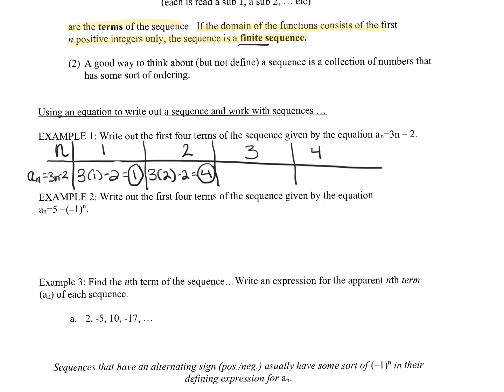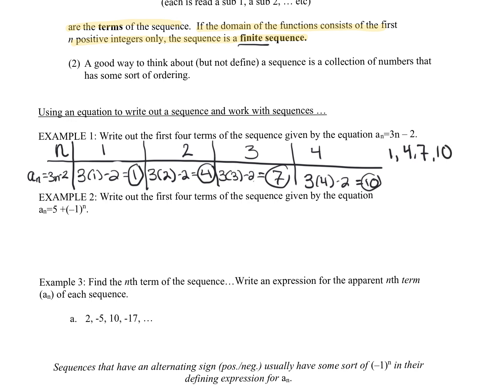That's my second term. 3 times 3 minus 2, 9 minus 2 is 7. So my third term is 7. And then 3 times 4 minus 2 is 12 minus 2, which is 10. So my fourth term is 10. So my answer would look like 1, 4, 7, 10.